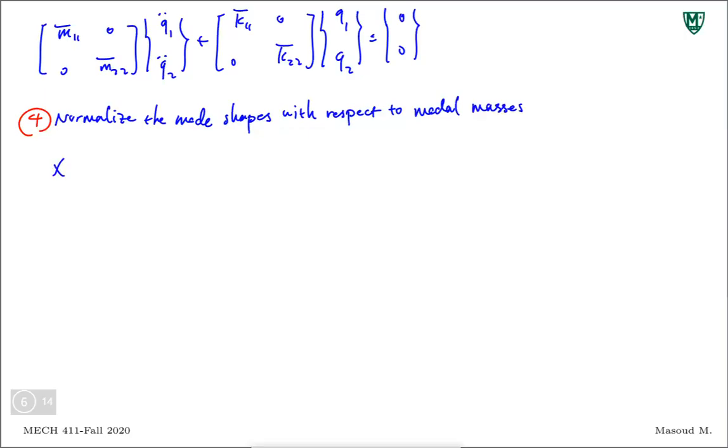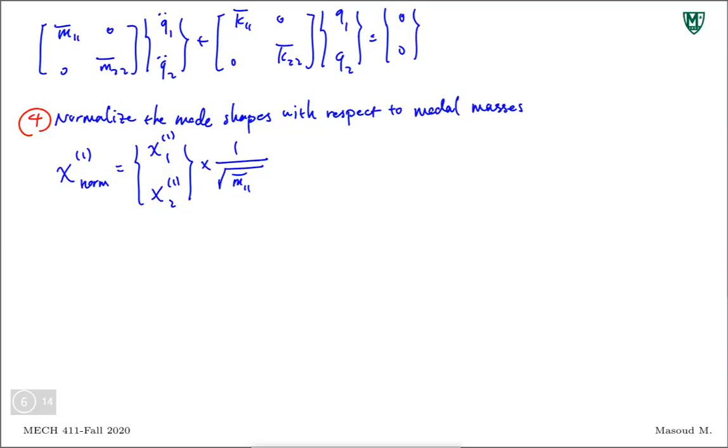So this becomes x1. I'll give you the process. Let's call it x1 normalized, x1 norm, is equal to x11, x12, multiply these two by 1 over square root of m11 bar.